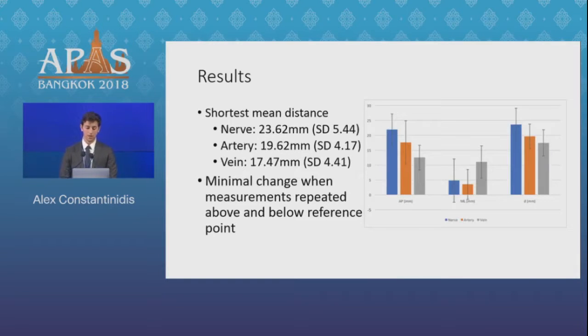So our results: the shortest mean distance we found for the nerve was 23.62 millimeters, for the artery 19.62 and the vein 17.47. We looked at 8 millimeters, so 2 slices above and below that initial reference point, and we found there was minimal change in these distances above and below our set point.